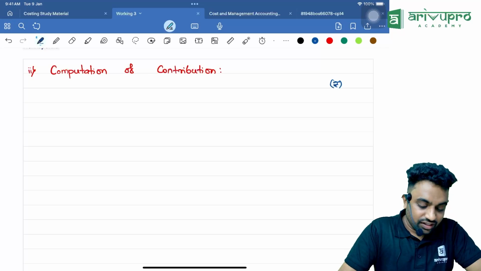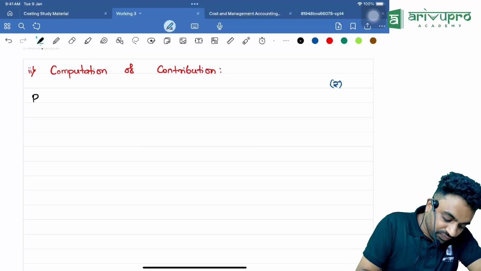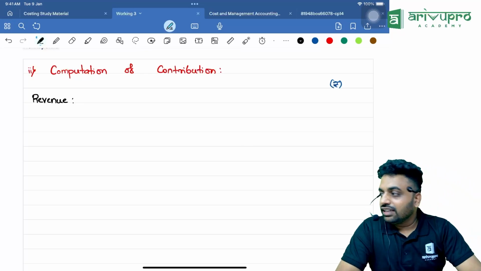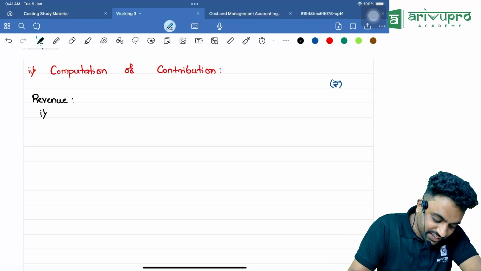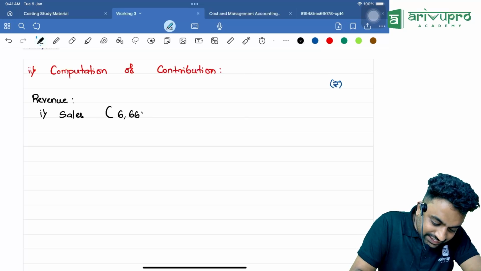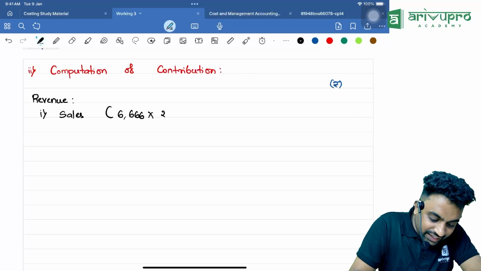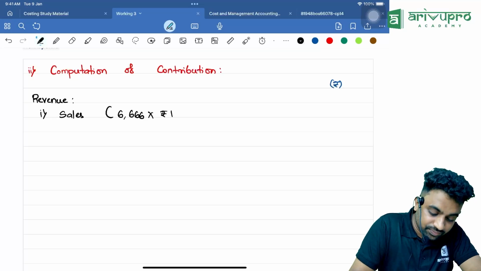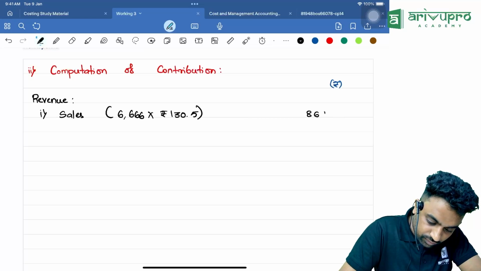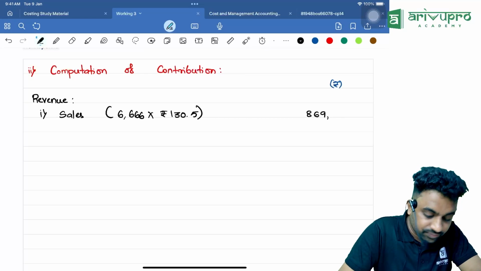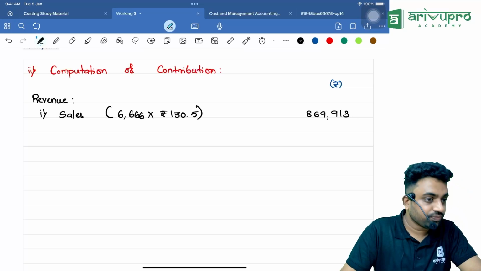First, revenue. Guys, here you are making revenue in two ways. One, sales. You are selling 6,666 units of A at the rate of 130.5, which will come to 8,69,913.